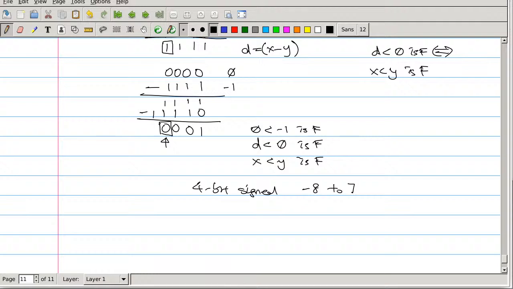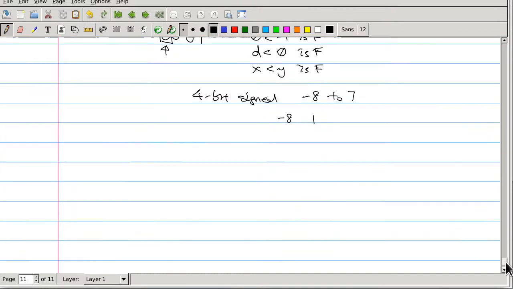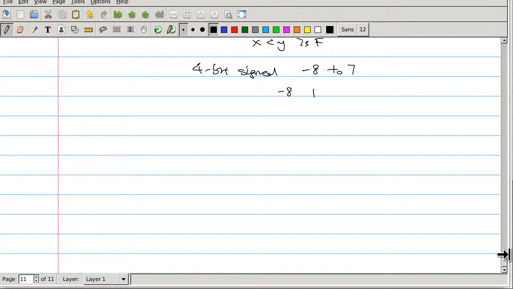So it would seem to be perfectly okay to compare -8 and 1, right? -8 is within the range, 1 is within the range. We should be able to determine that -8 is less than 1. So let's go ahead and figure out whether that works or not.